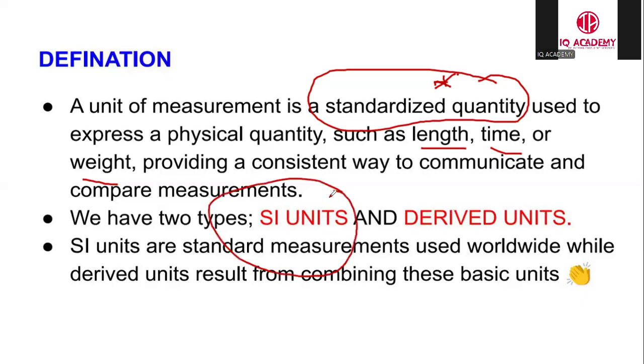And then from these SI units, we can have what we call the derived units. When you combine two or more of these SI units, you can come up with what we call a derived unit.